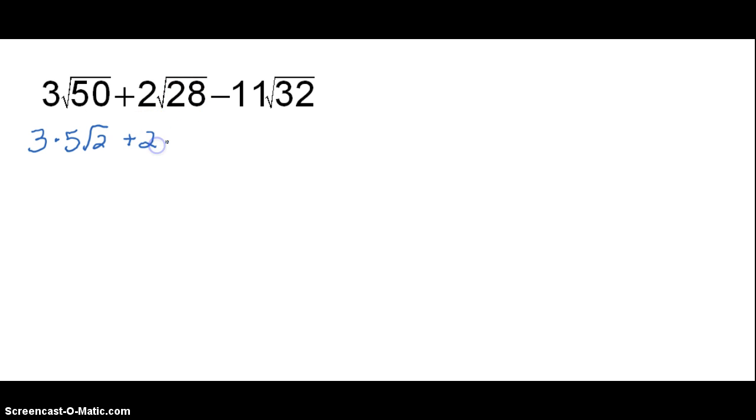What's the largest perfect square that goes into 28 evenly? That's 4, so 4 times 7. Minus 11 times, what's the largest perfect square that goes into 32? The biggest one is 16. I'm going to come back and talk about this one in a moment, because you may not have picked 16, you might have picked 4.